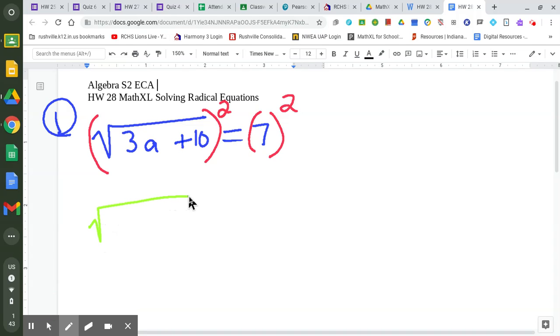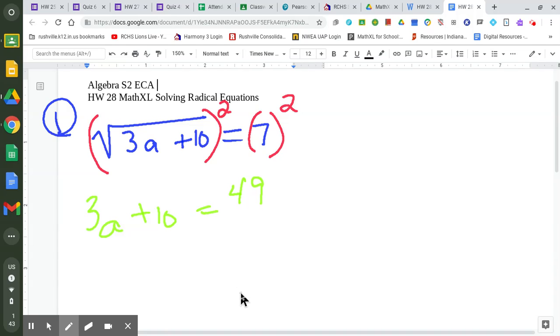When you square a square root, the square root goes away and you're left with 3a plus 10 equals, and then I've got my 7 squared, so equals 49.